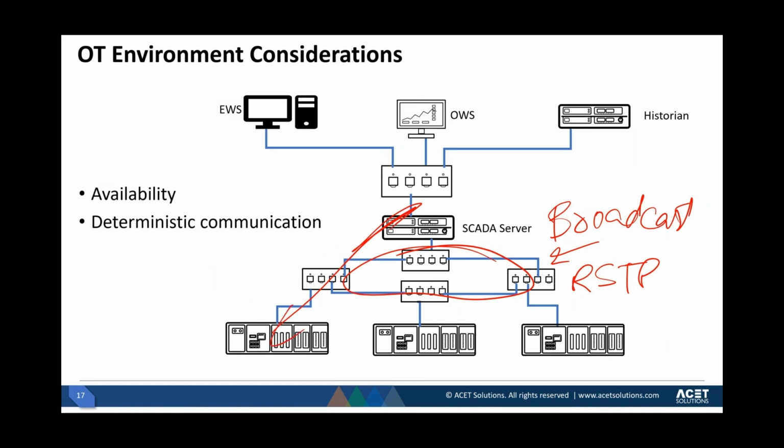So if you know that there are ring or RSTP protocols running on certain switches on your network, don't use broadcast traffic. Use the scanning tools or scanning software and fine tune it in a way that it still works without disrupting the communication or the availability of your control system.